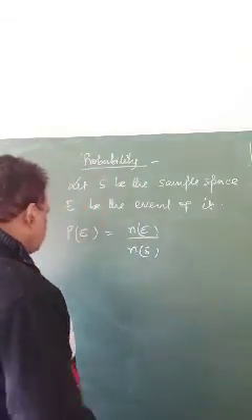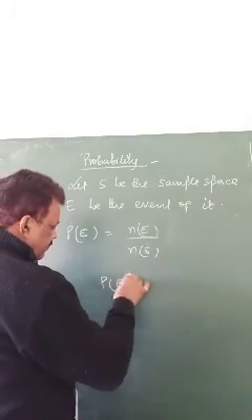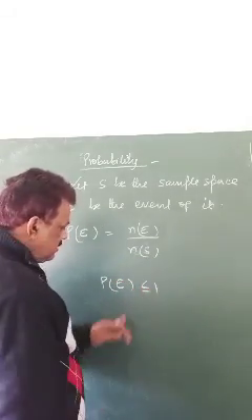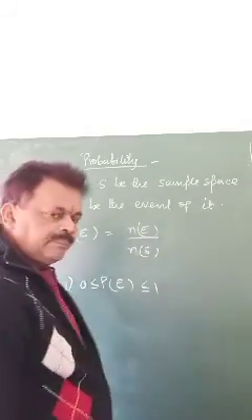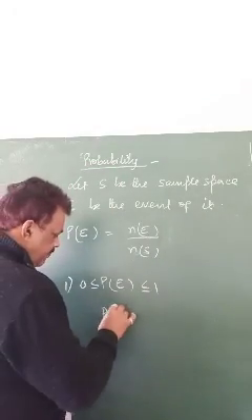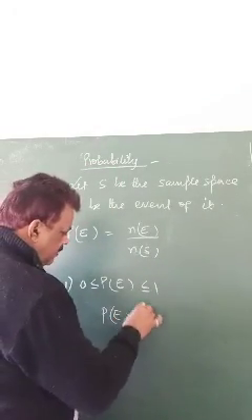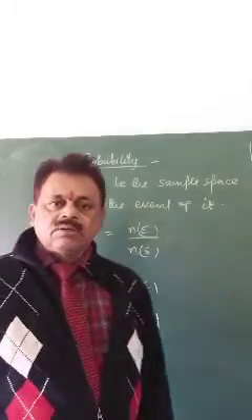So now you have to remember: probability of E is less than or equal to 1, greater than or equal to 0. First point: probability cannot be greater than 1. It is always 1 or less.